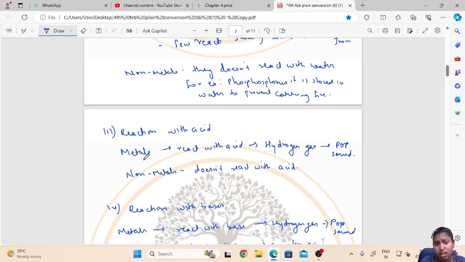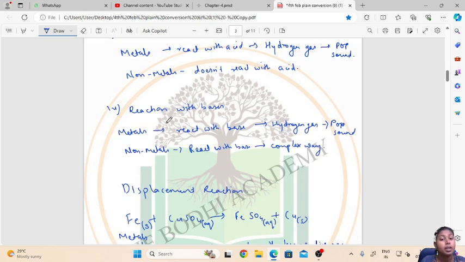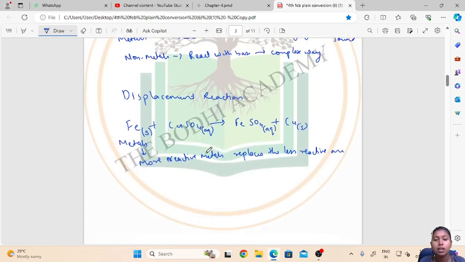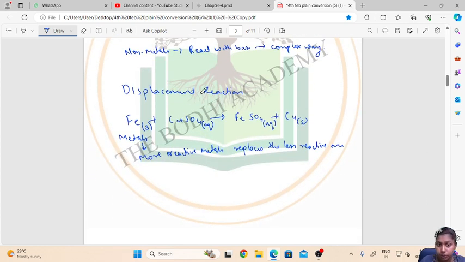Reaction with acids: metals react with acids and form hydrogen gas which gives a popping sound, whereas non-metals do not react with acids. As for reaction with bases, a similar thing happens with metals. They react with bases and form hydrogen gas which gives a popping sound, whereas non-metals react with bases but in a complex way. The last one is the displacement reaction.